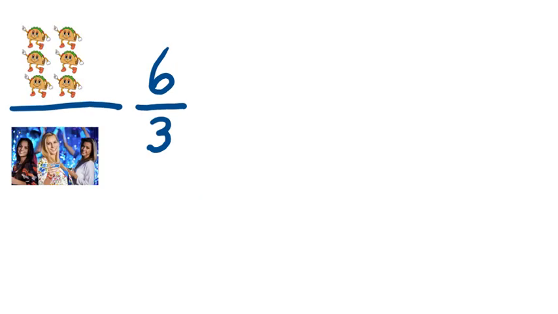Now, let's move on to tacos, because everybody loves tacos. Let's say I'm throwing a party, and I need to have 6 tacos for every 3 party goers. Well, what if I have 6 people show up? That's twice as many party goers, so I'm going to multiply this by 2 to get the 6, and what I do to the bottom, I've got to do to the top.